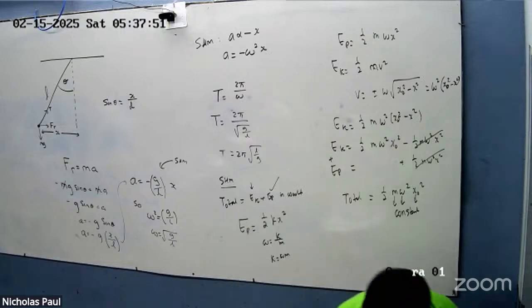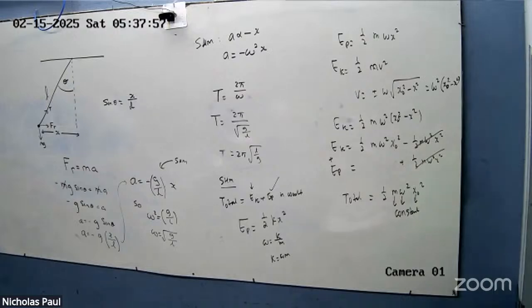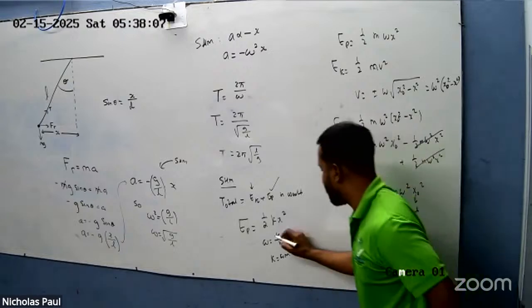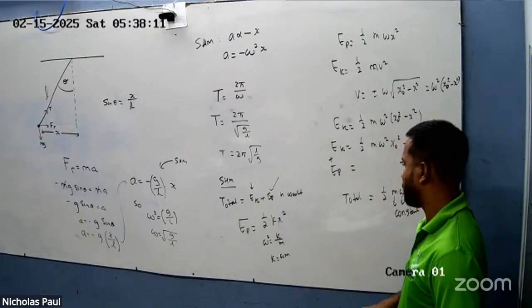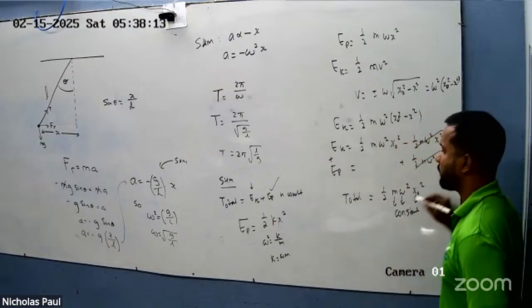How do you get the omega equal to 10? Oh, this is supposed to be omega squared.